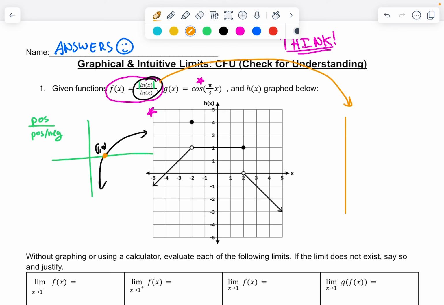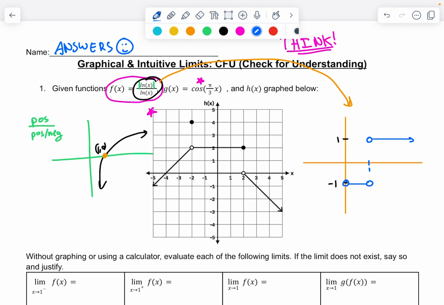We should see a graph right here. It's either 1 or -1. When x is greater than 1, the function is 1. And when x is between 0 and 1, not inclusive, the function is -1.